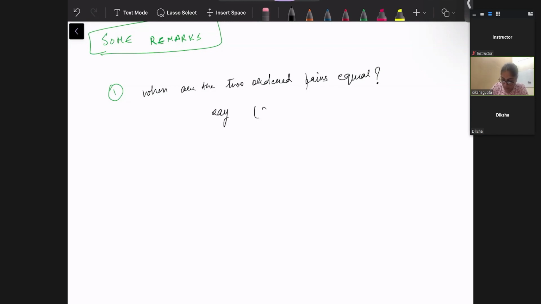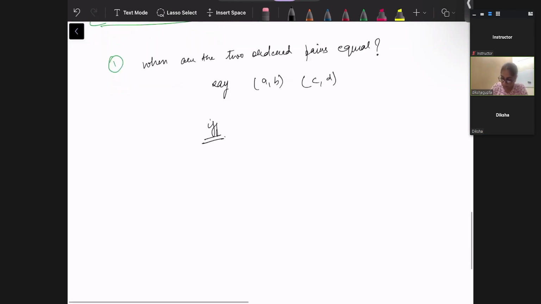Say A comma B and C comma D are two ordered pairs. And when do we say that these are equal? These are equal if and only if, if and only if means only then and in no other situation, A equals C and B equals D, right?